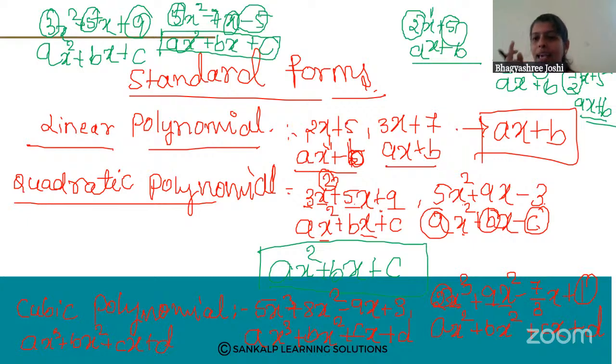That is ax plus b. And the condition is where a and b are real numbers, a is not equal to 0. Yes, remember this is very, very important.